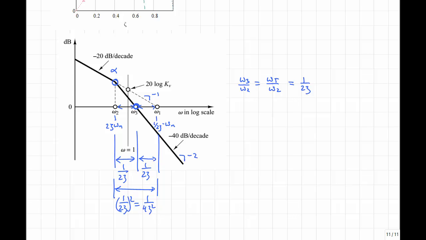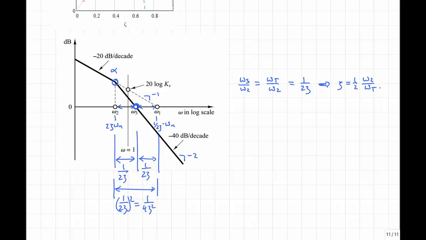So we could actually find zeta as being equal to 1/2 of omega 2 over omega t. So if omega 2 was 10 and omega t was 20, then we'd have a zeta of 1/2 times 1/2, or 1/4.